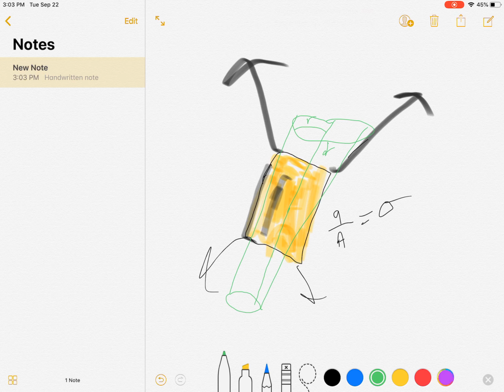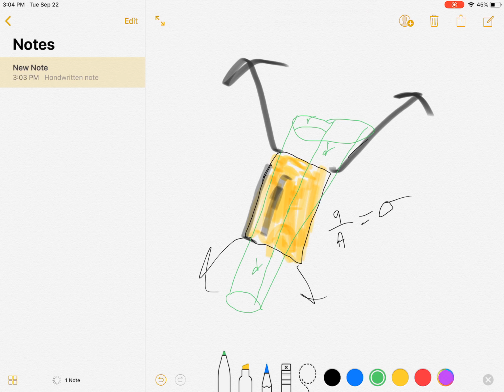Right? So the cylinder has radius r, it's a distance d from the plane, and it extends on both sides for a distance d. Now, what we're really going to do is we're going to analyze Gauss's Law for the cylinder.